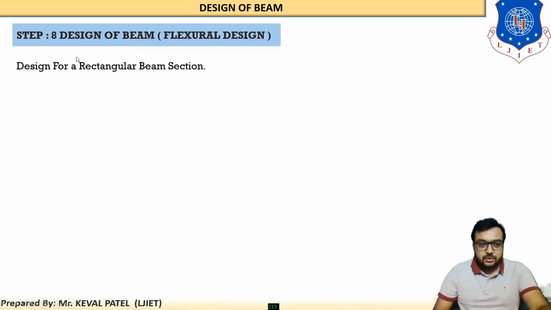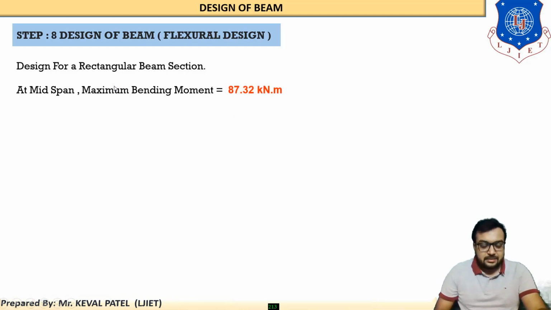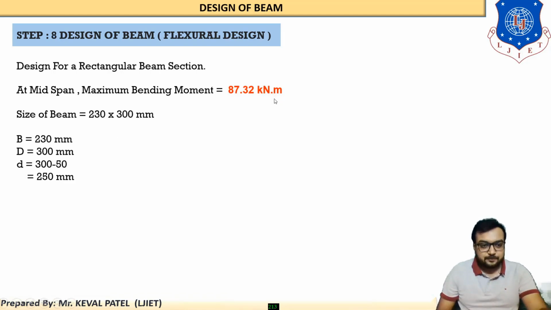We design a rectangular beam section because our size of beam is 230 cross 300 mm. Now let us continue at mid span. First of all we have to design our beam at mid span. The maximum bending moment at mid span AB is 87.32 kilonewton meter, which was calculated in the last lecture. So let us start.